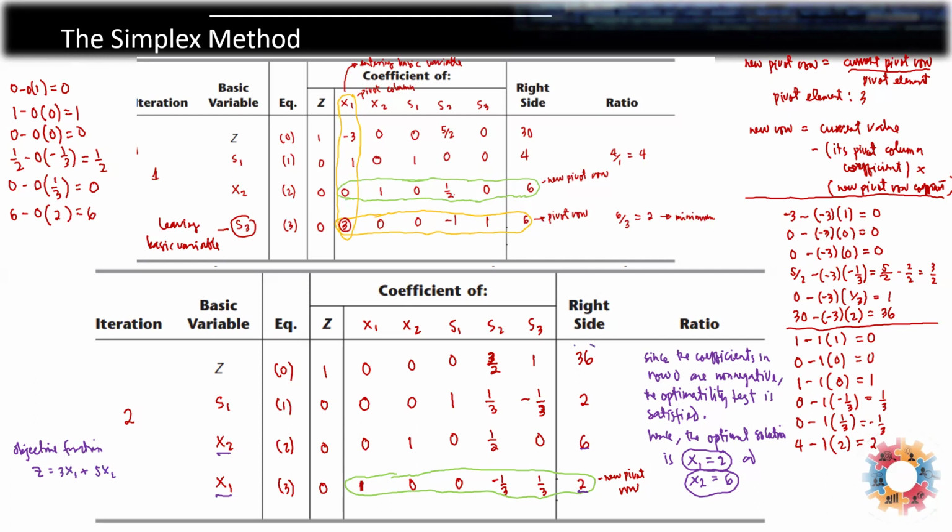And that's actually represented by this one, right? 3 times 2 is 6 plus 5 times 6 is equal to 36. So the optimal value or the maximum value is z equals 36. Okay? So this is simplex method.